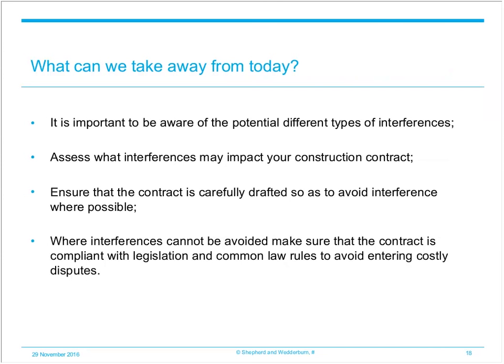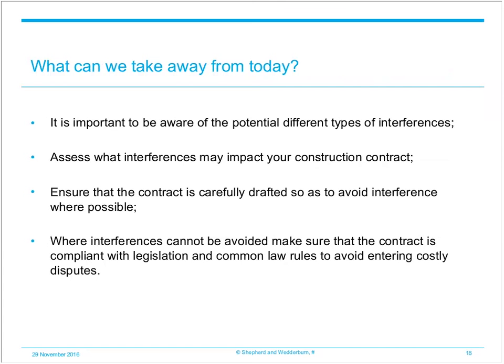The courts and legislature are generally reluctant to interfere, but the truth of the matter is that they do. And these interferences are generally limited, but they do impact on construction contracts in practice and reality. So where measures can be taken to mitigate against those interferences, then extra care should be devoted to doing so.